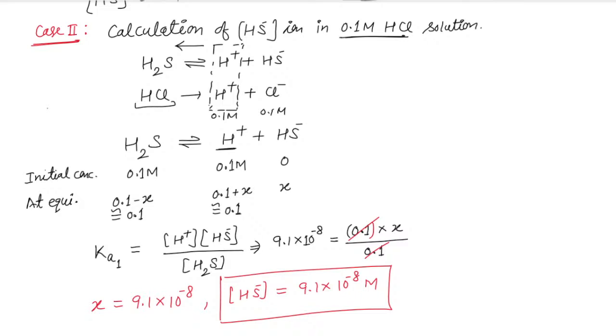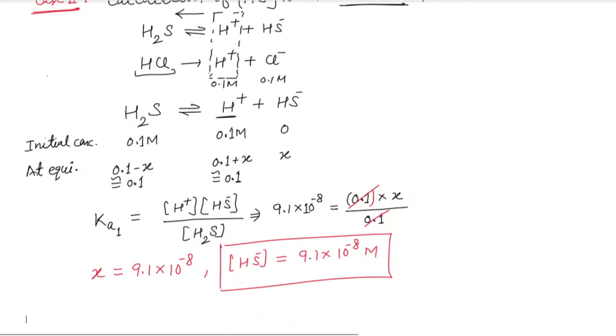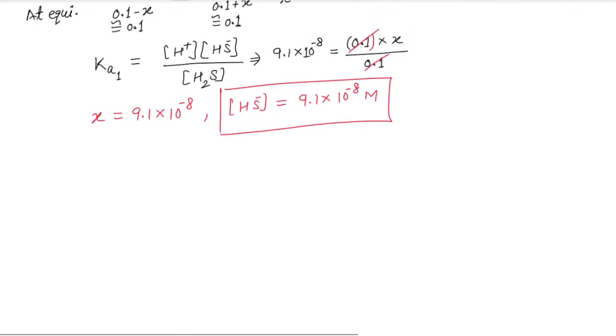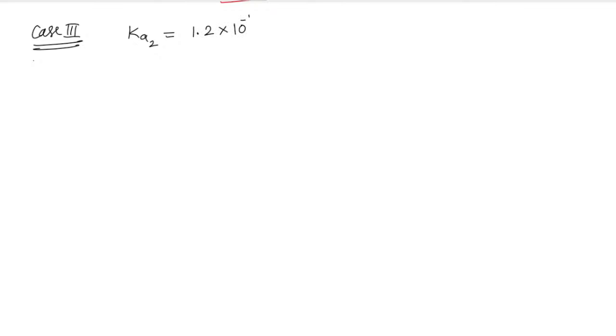Now come to the next calculation, of S2 negative ion, if the second dissociation constant is given to us. Case 3: Ka2 is given, with value 1.2 into 10 raised to power minus 13.